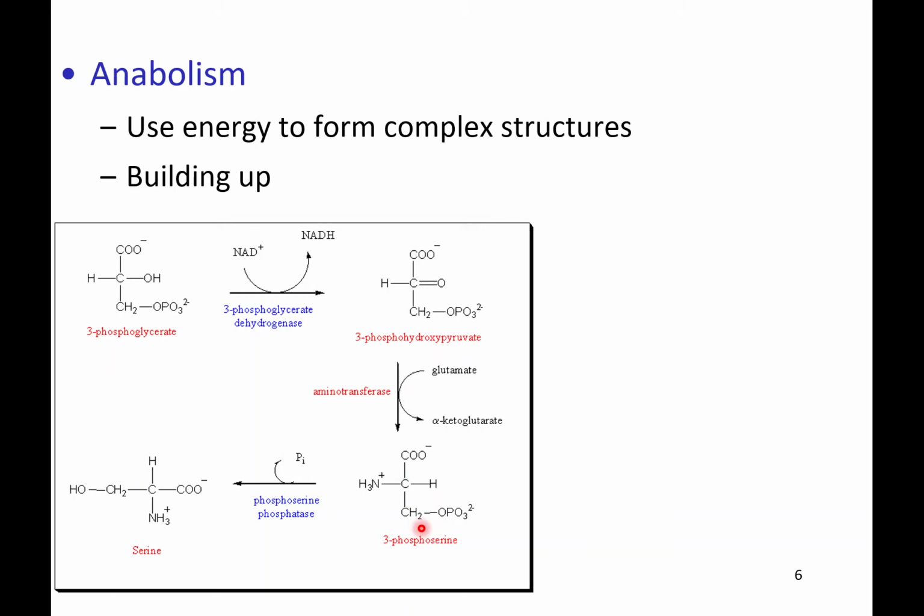An example is shown here, although maybe not the best example: you can make amino acids, here's serine, and then you can go further and connect amino acids together to make proteins, right? And so anabolism or anabolic pathways build up.